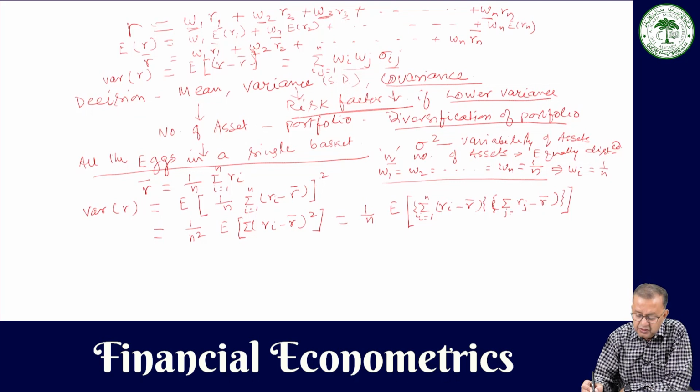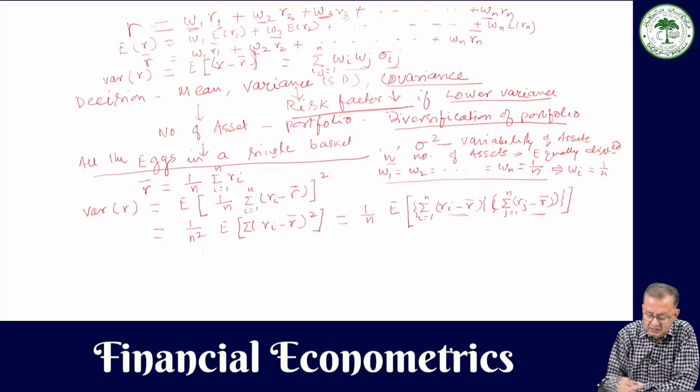So j is equal to 1 to n. So n items are here. This square has been split into a square is equal to a into a, but this could be i may be equal to j, i may not be equal to j.